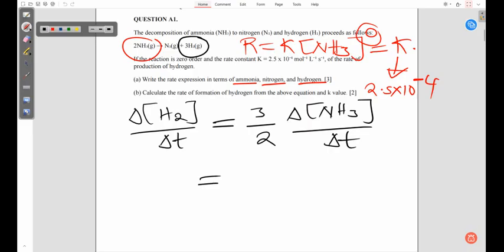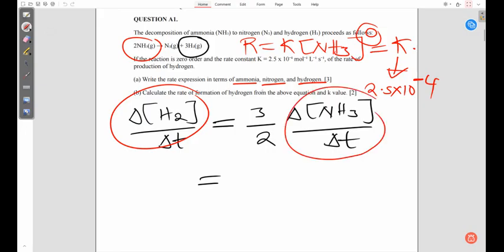What is on the left is the rate in terms of hydrogen formation. This part is the rate in terms of the reactant ammonia. So 3 over 2. Now we saw that using the rate law, we found the rate for the reaction to be 2.5 times 10 to the power negative 4. Of course, the units are known.